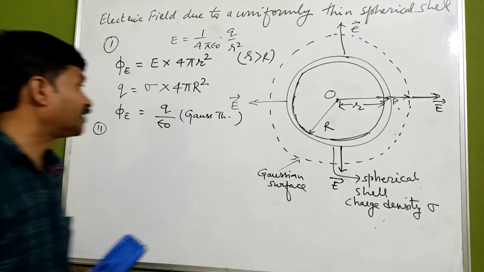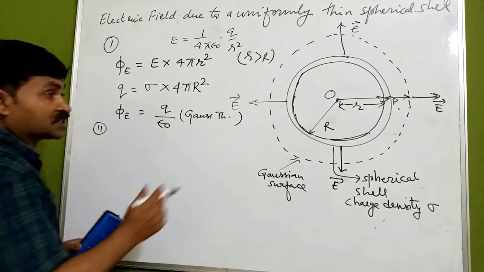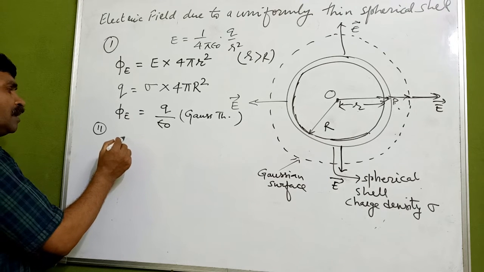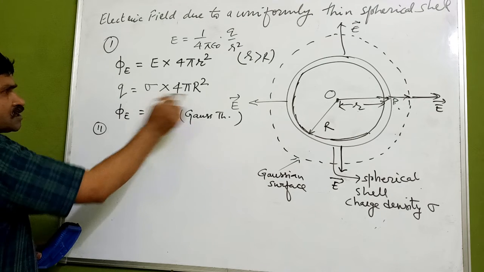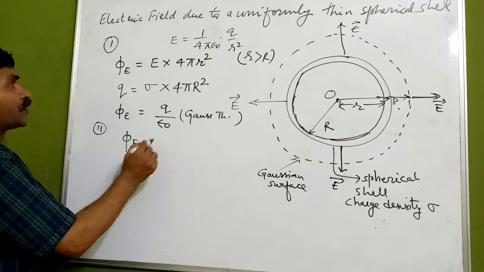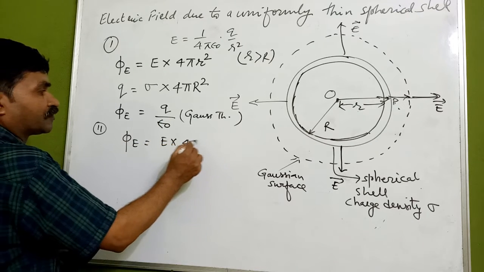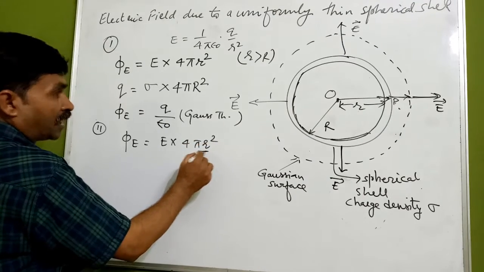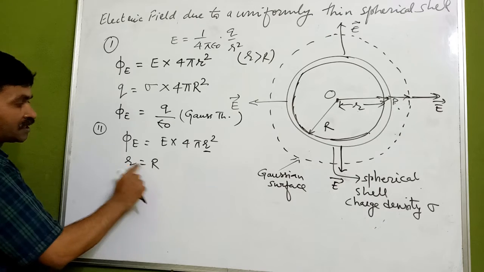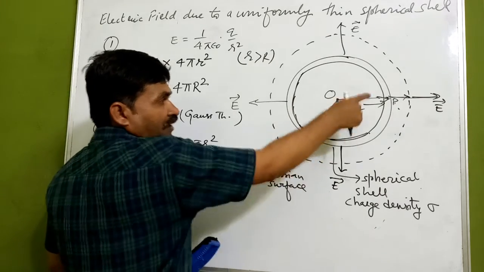Now if we are taking a thin spherical shell, here again Q is the same. Phi is equal to Q upon epsilon naught, and phi is going to be E into 4 pi R square. And this R is equal to capital R, because the radius and R both are the same that we have taken here.